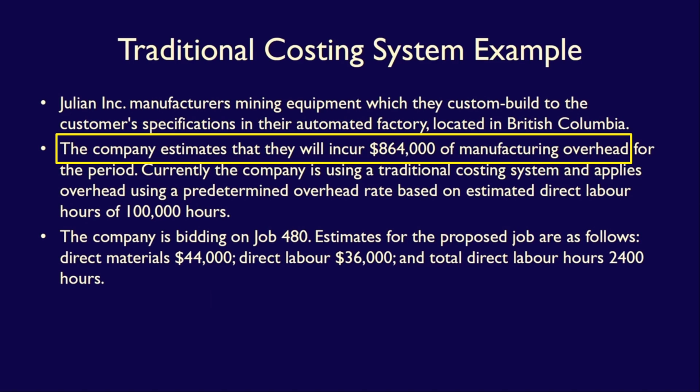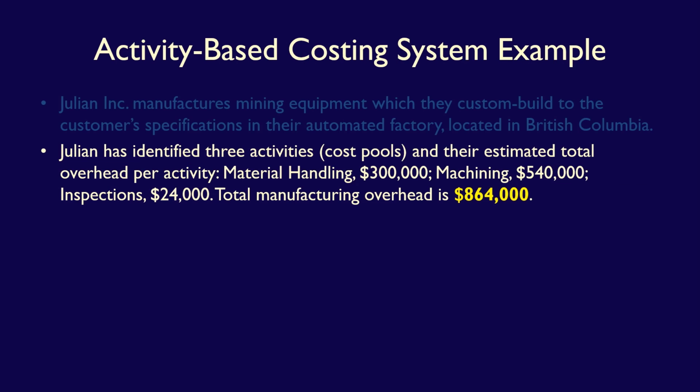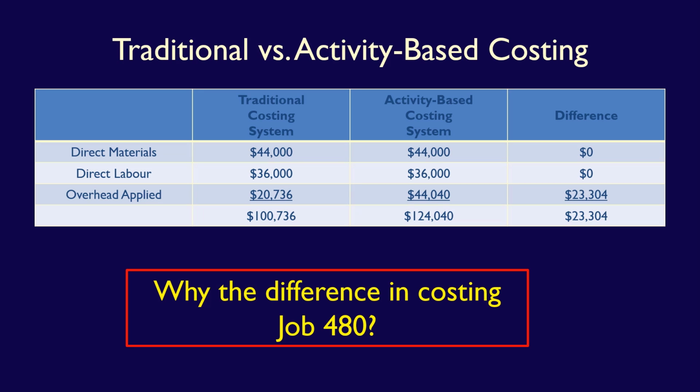It is not because the total estimated overhead for the year is different. We can see here that under the traditional costing system, it's $864,000 and $864,000 under the activity-based costing system. Total overhead is not changing between these two methods. That does not cause the difference in costs. So why the difference?